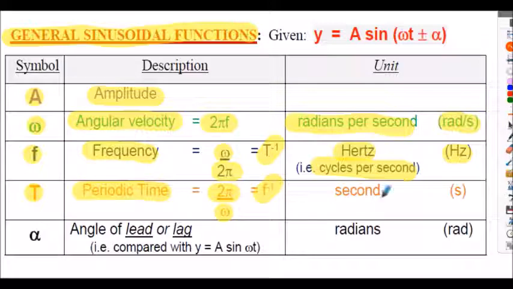The unit of periodic time is the second, symbol s. And finally, symbol alpha is the angle of the lag or lead of the waveform, but as mentioned previously, in this particular presentation the angle alpha value will be 0. For reference, alpha has a unit of radians.